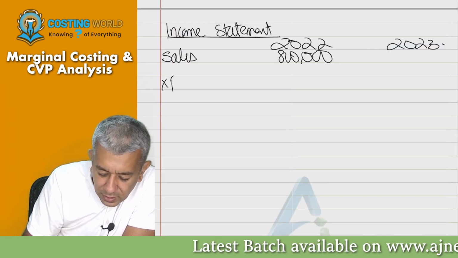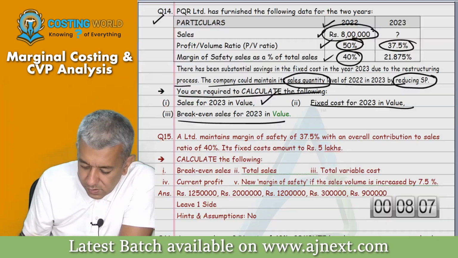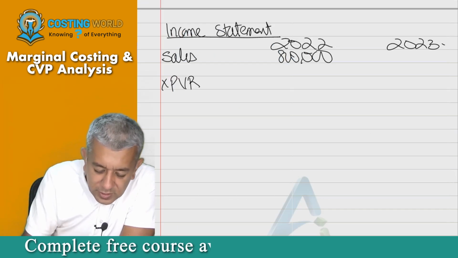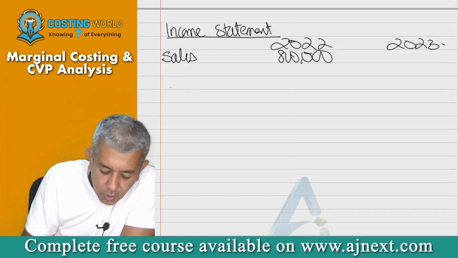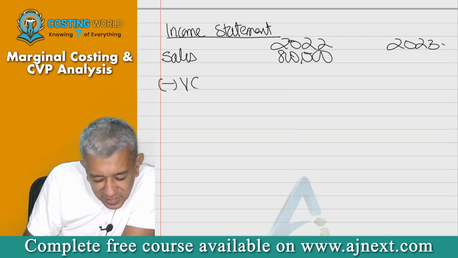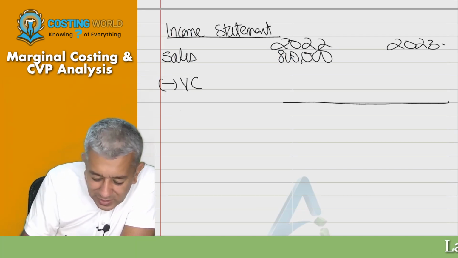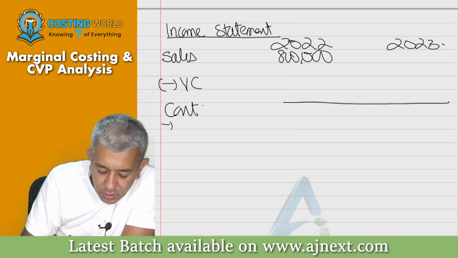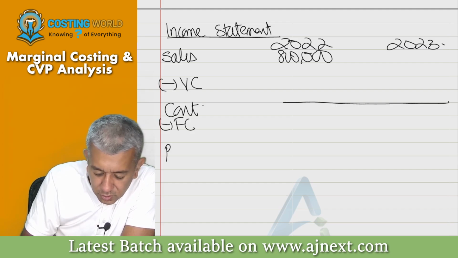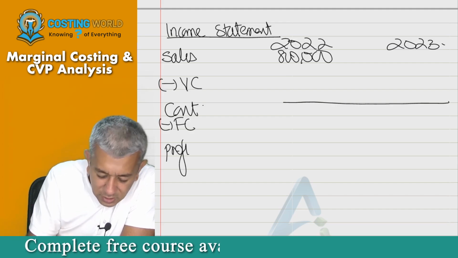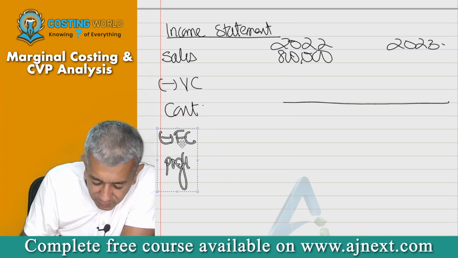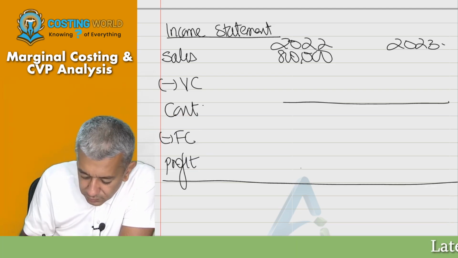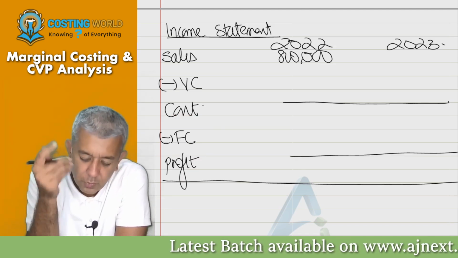Just leave one line in case we require. Let's do one thing. Either you can do sales into PV ratio or you can do sales minus variable cost. Let's do sales minus variable cost. You will understand in some time why. Contribution less fixed cost. Just a sec. Below contribution also leave one line. Below profit also leave a line.